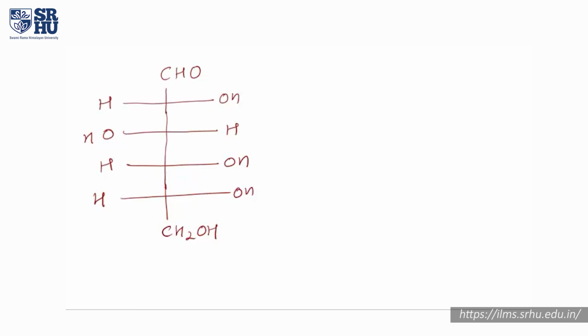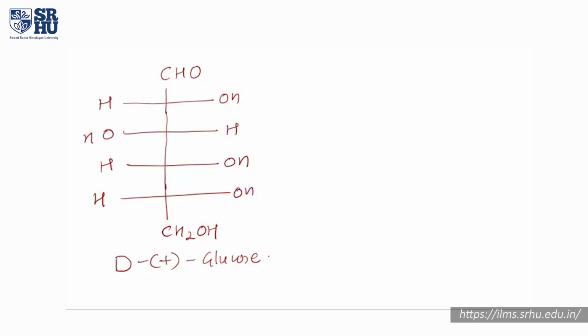Now this compound that you can see here actually belongs to the D family, capital D. This D-glucose is obtained from D-glyceraldehyde. And whether it is dextrorotatory or levorotatory, I am telling you that this is dextrorotatory, this is D-glucose.